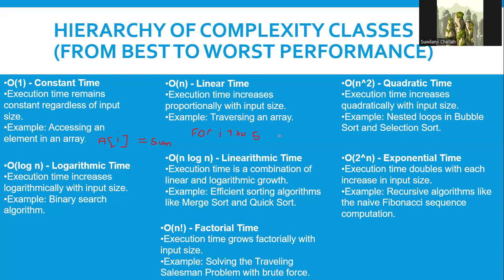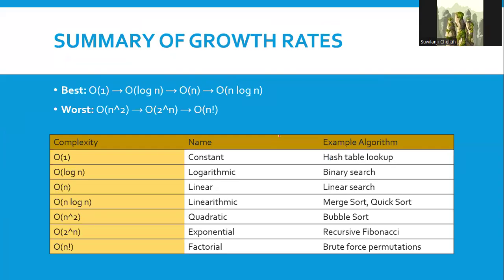So here's a chart and summary of growth that sums up everything. We have the best, which is big O of 1, our constant time, then log n, then big O of n, then big O of n log n.